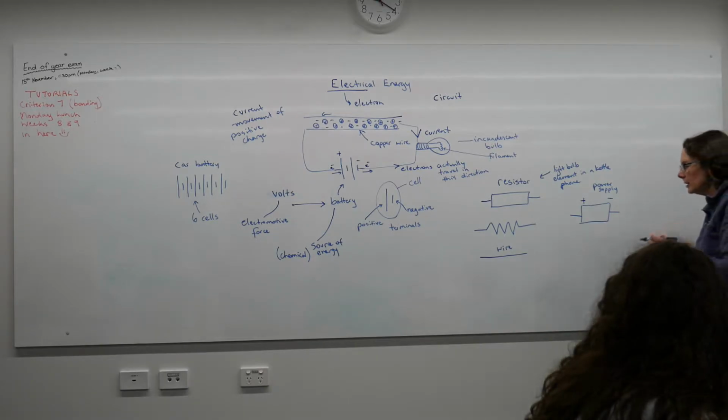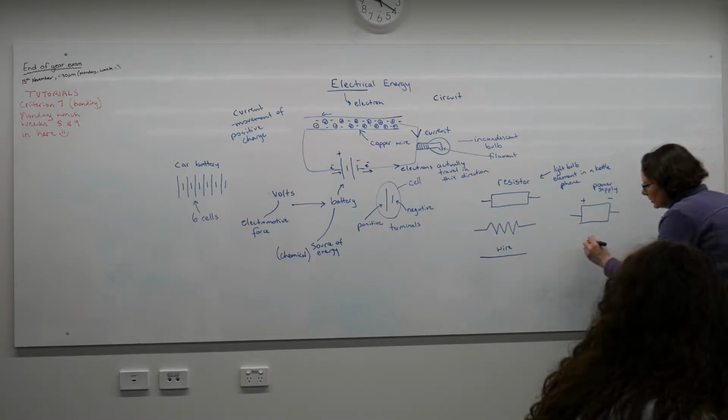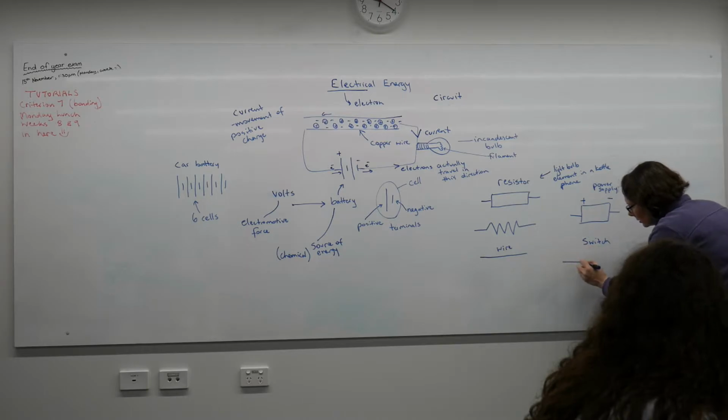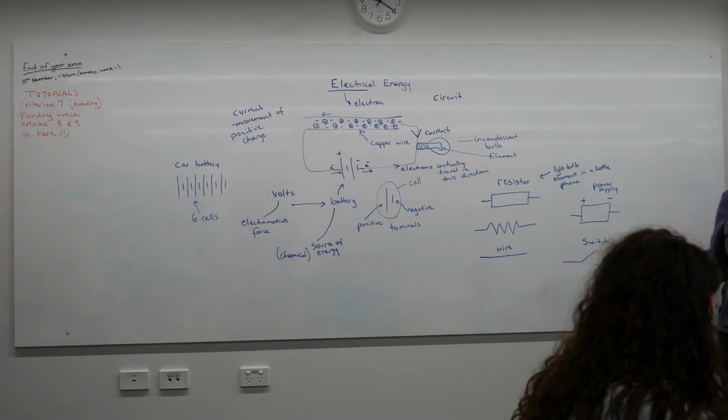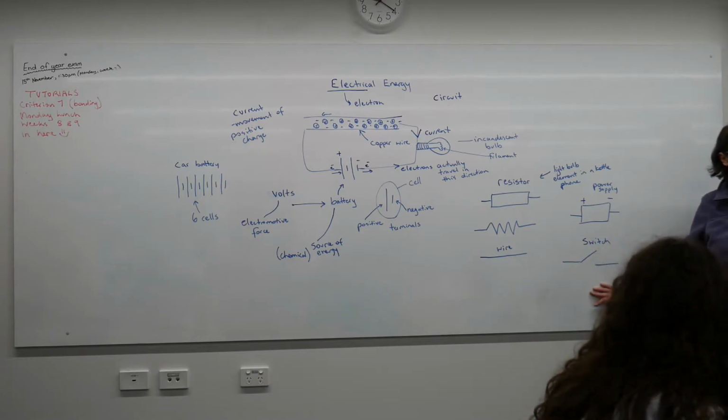Another thing that might be in our circuit diagrams is a switch. And I've drawn that to represent the circuit being open, and then if you close the switch, then our electrons are free to move.